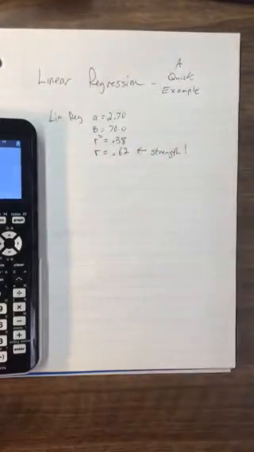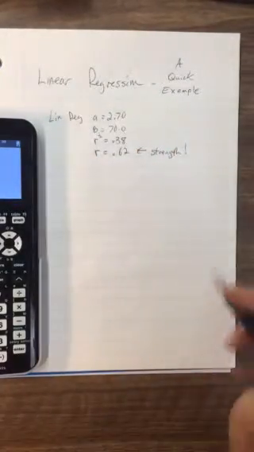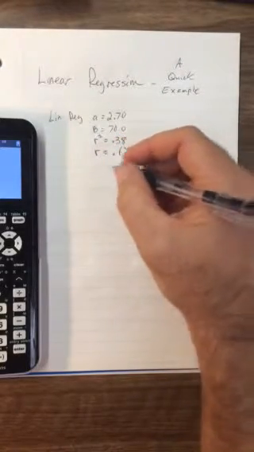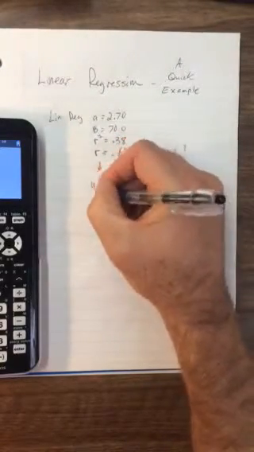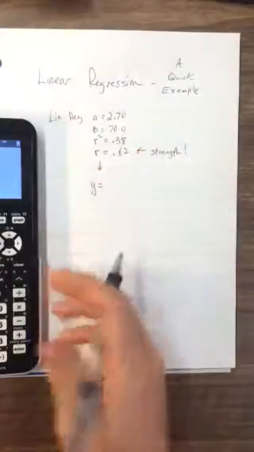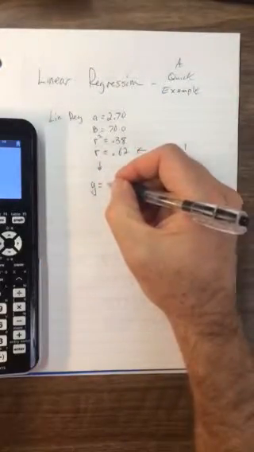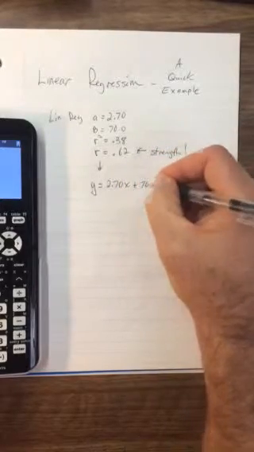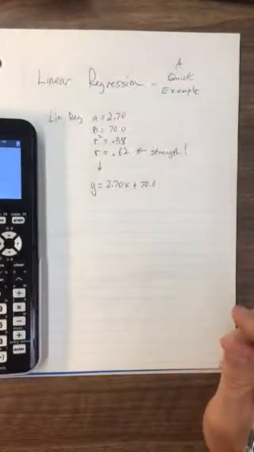The form of it is y equals ax plus b, and that's right on the calculator. So y is equal to 2.70x plus 70.0.